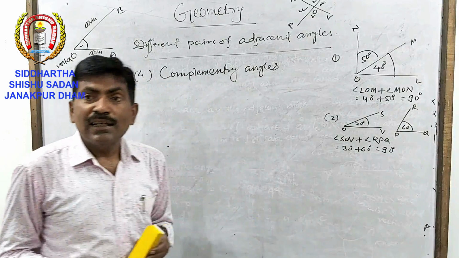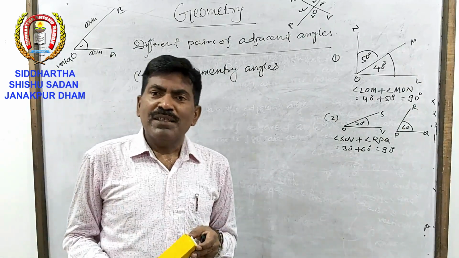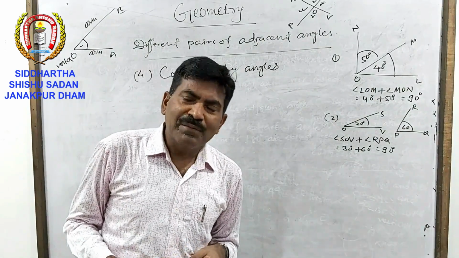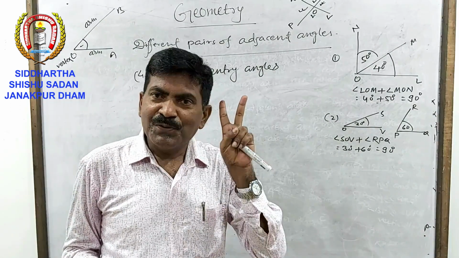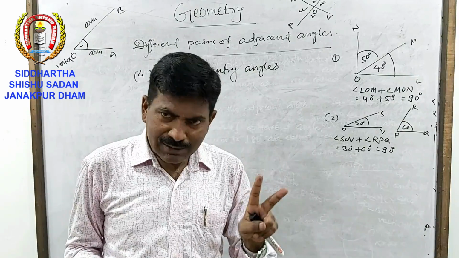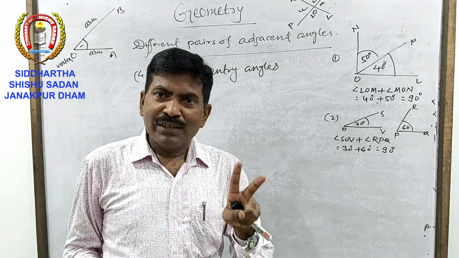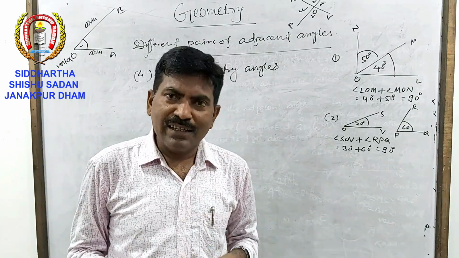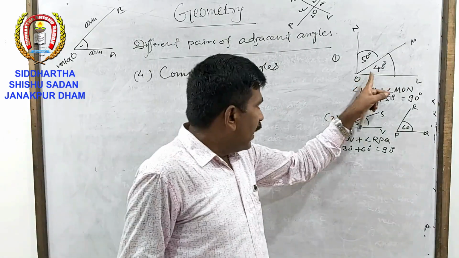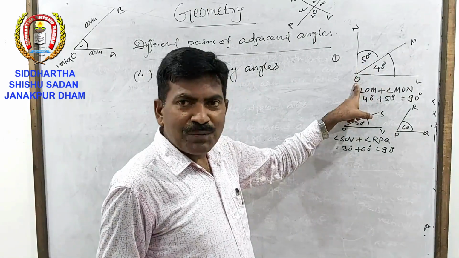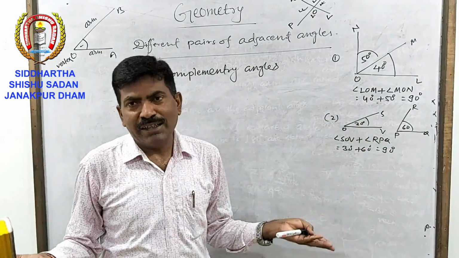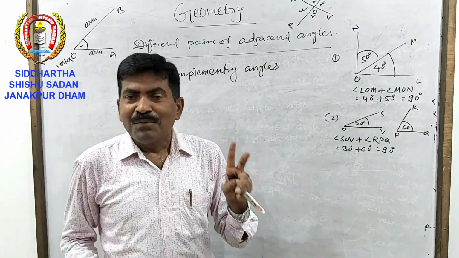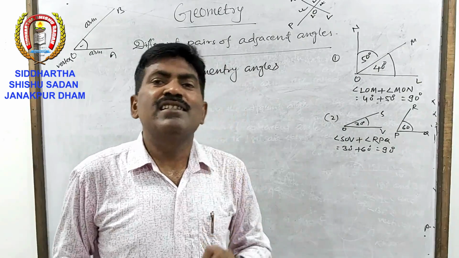Now it is clear. That means complementary angles means a pair of angles whose sum is equal to 90 degree. Either the angles have a common vertex or different vertices, but the sum must be 90 degree.